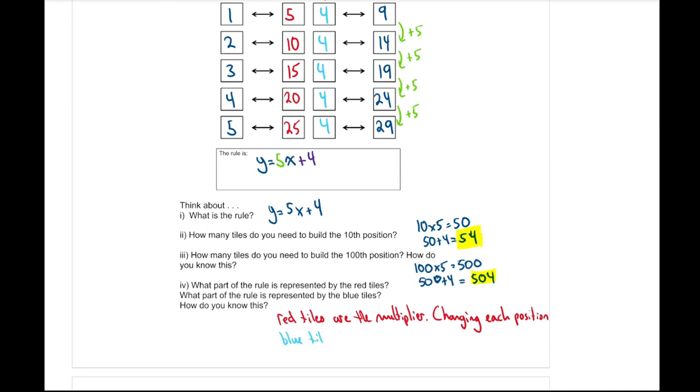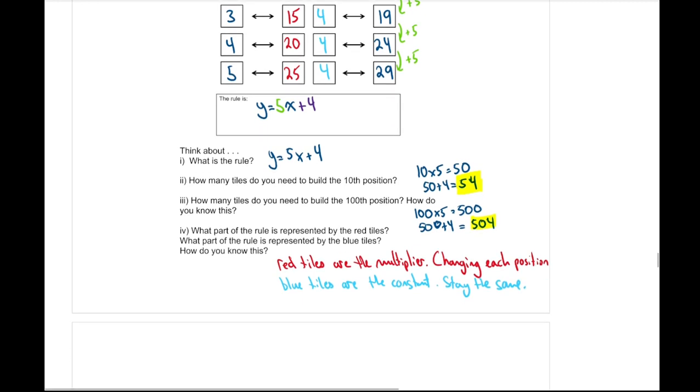So blue tiles are the constant. And they stay the same. So given a visual pattern, it's really easy to see what the multiplier is and what the constant is, because you can visually see what's staying the same and what's not.